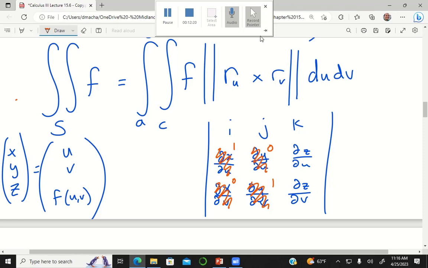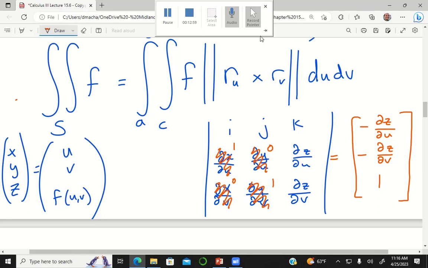So now we take this determinant. This determinant is going to be i times 0 minus 1 times the partial of z with respect to u, and then negative j times 1 times the partial of z with respect to v, and then k times 1 minus 0.